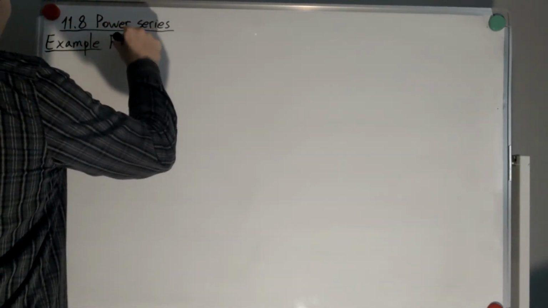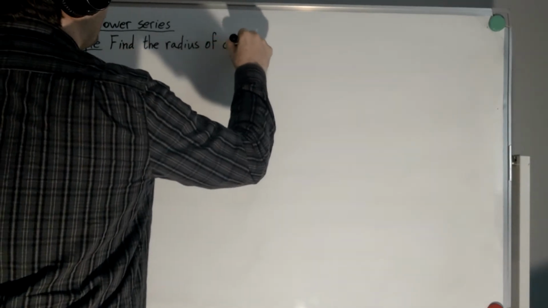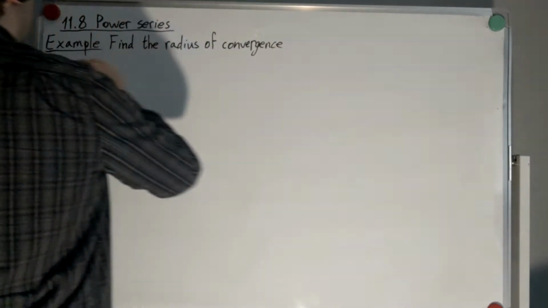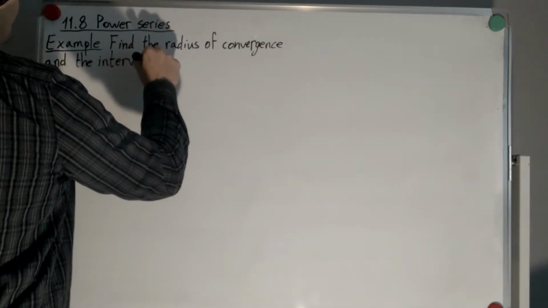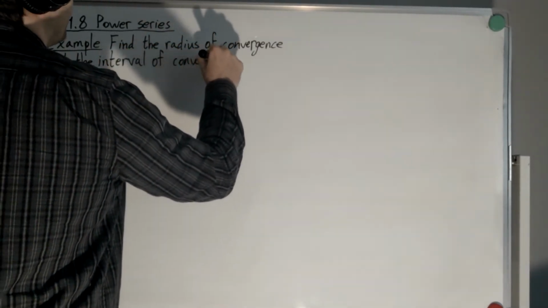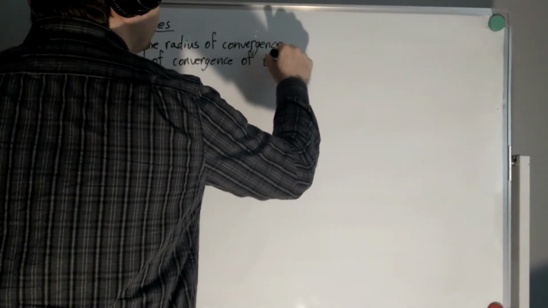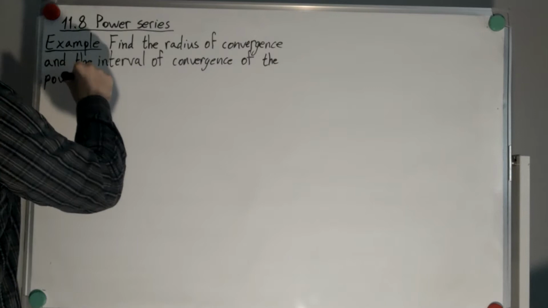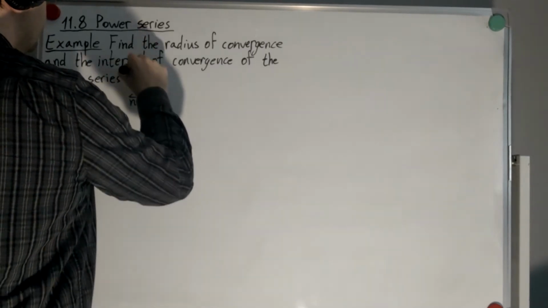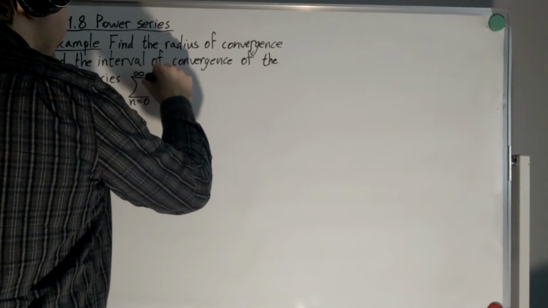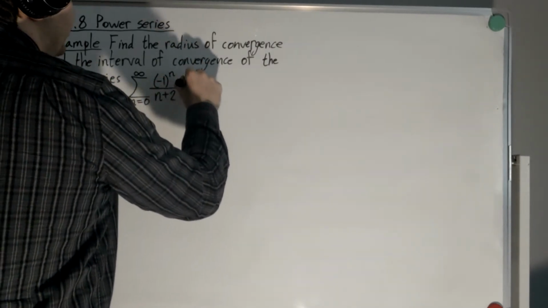We're going to find the radius of convergence and the interval of convergence of the power series, the sum from n equals 0 to infinity of -1 to the n divided by n plus 2 times x to the n.